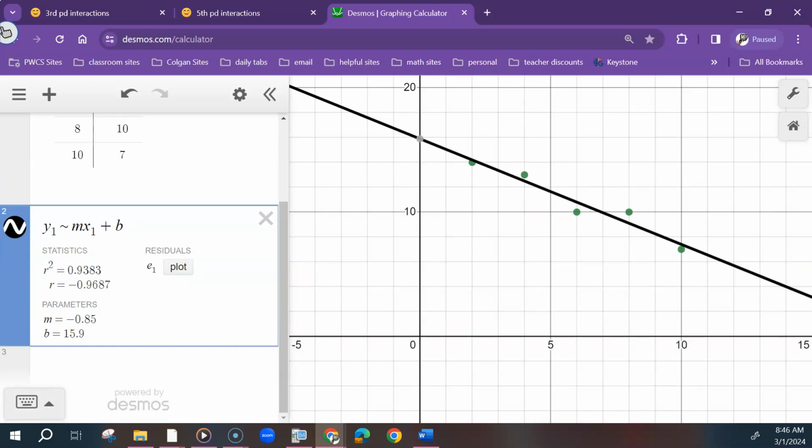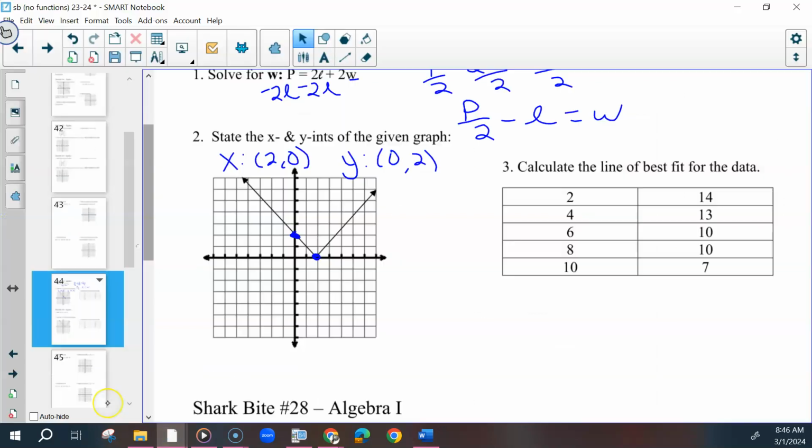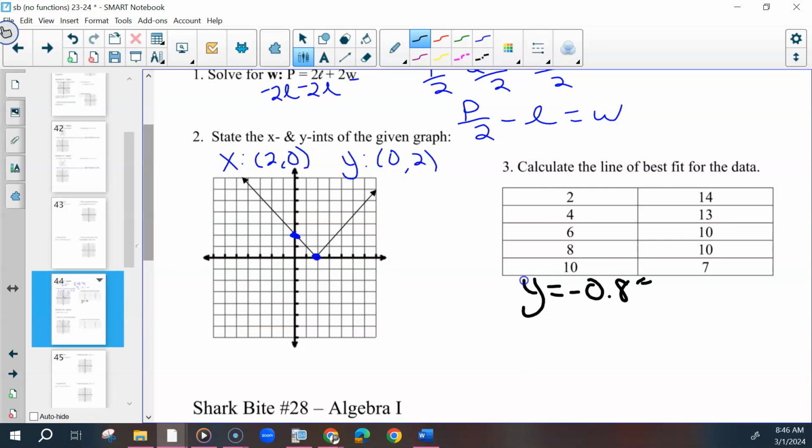It's going to give you your m and your b, and you would write that in your y equals mx plus b format. So y equals negative 0.85x plus 15.9. And that would be the line that best fits this data. Questions on that one?